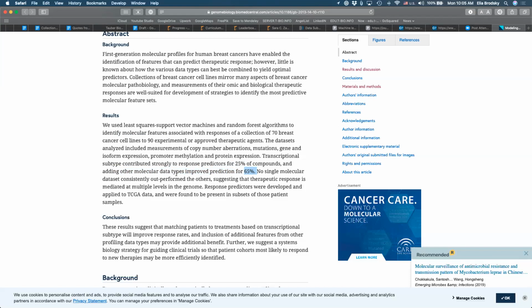So it's important to understand that a lot of these data sets have independent power to contribute to the type of test that we are trying to do. And that's why we see that no single molecular data set consistently outperformed the others, suggesting that therapeutic response is mediated at multiple levels in the genome. Response predictors were developed and applied to TCGA data and were found to be present in subsets of those patient samples, right?